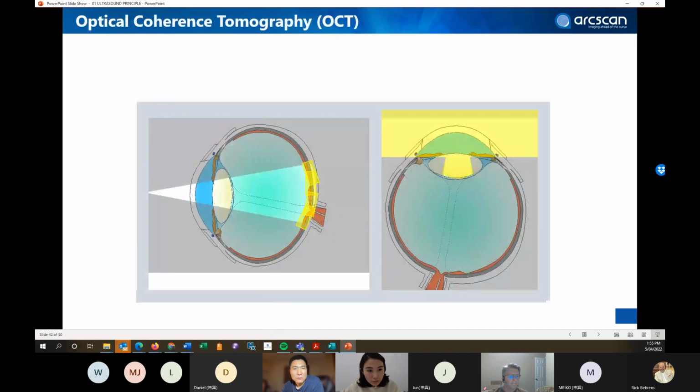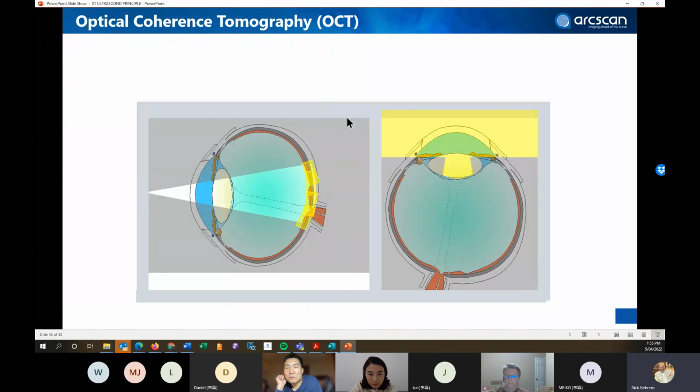I'm going to go a little bit faster here, but our worst enemy, or the biggest competitor, is the OCT. The OCT is a great technology, but the OCT cannot read in different areas.